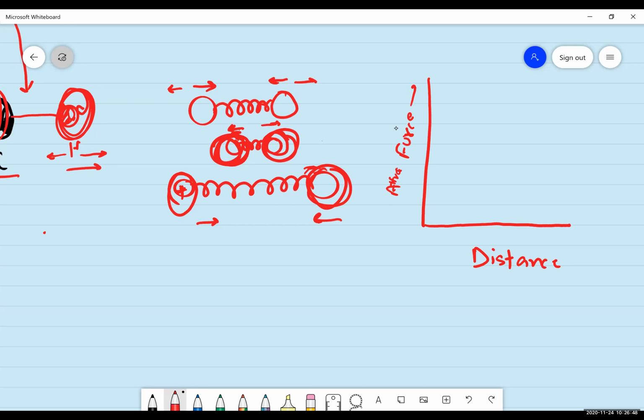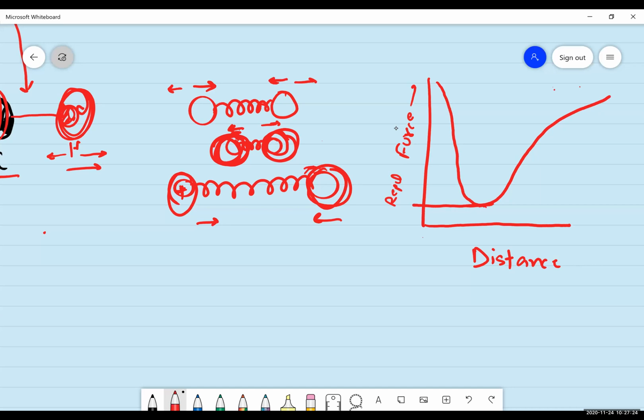When they are too far away, the force is... no, let me draw it first. It's actually the repulsive force. So when they become too close, the force is too much, and that's the plot.